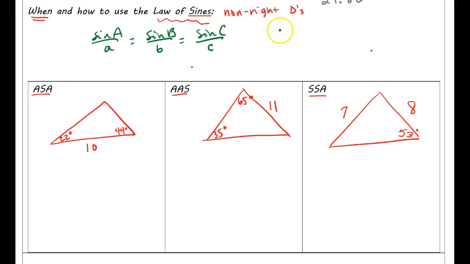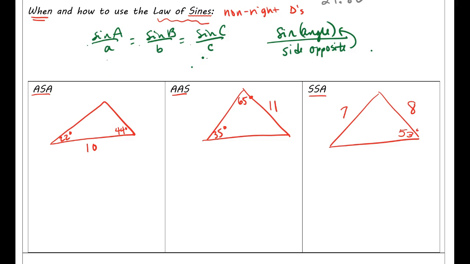So as a little cheat here, we could put the sine of some angle, and then on the bottom we need to choose the side opposite that angle. That's what these little fractions are, and that's how you need to label it on the picture. Now you get to work, this is your formula, and this is always true. So you get to label your picture and then decide how best to use this formula.